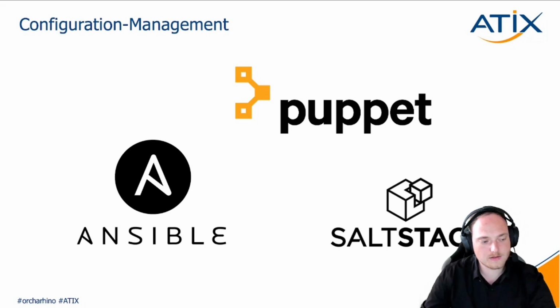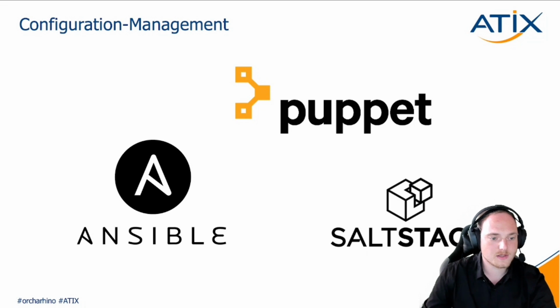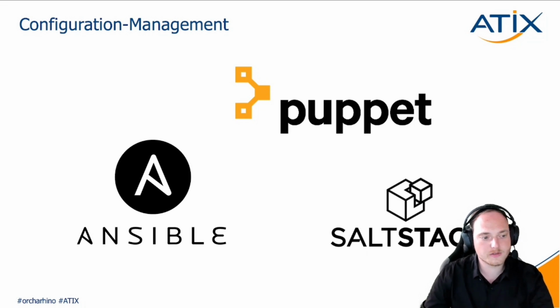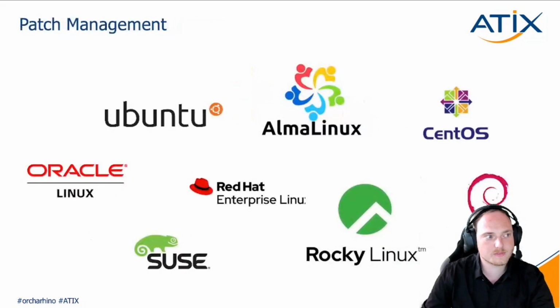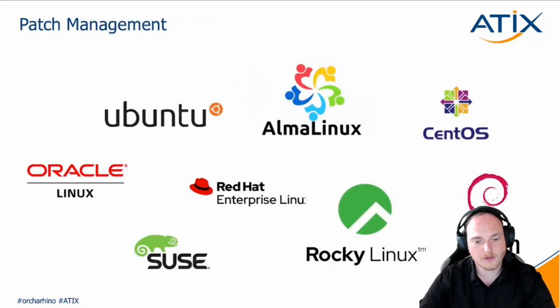Well, we talked about the deployment and the configuration management, but also a very, very important scenario is patch management. So today we want all servers to be at all times very secure and up to date.